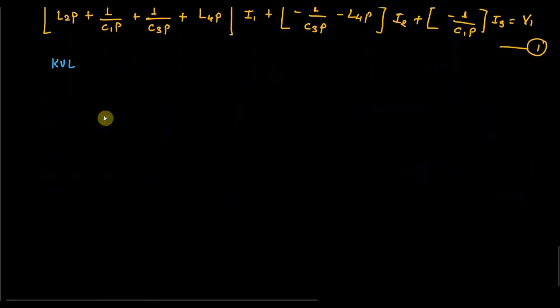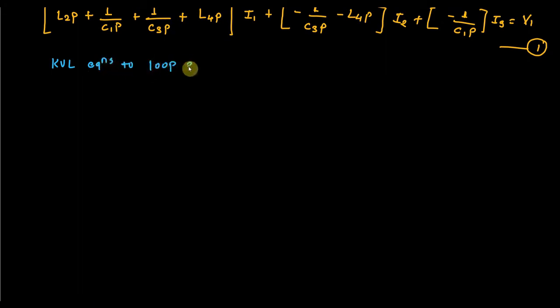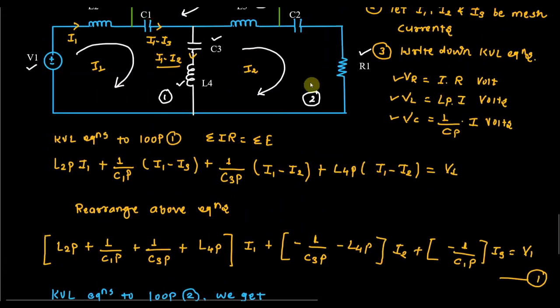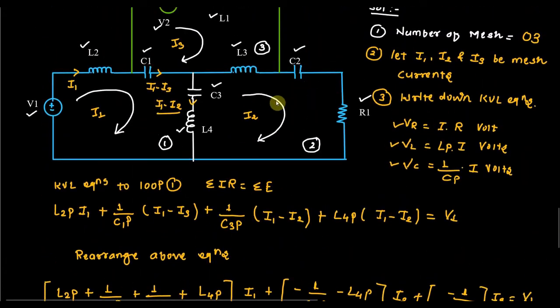Now I am writing the next one. Apply the KVL equation to loop 2 or mesh 2. After applying, we have to see what we get. In loop 2 there is one inductor, L3.